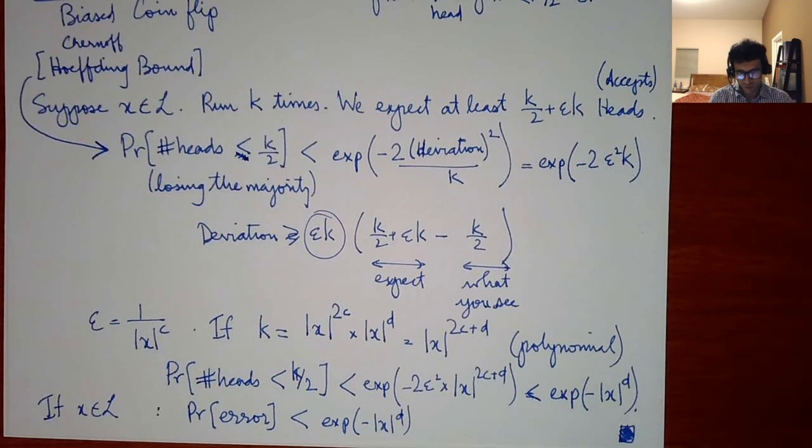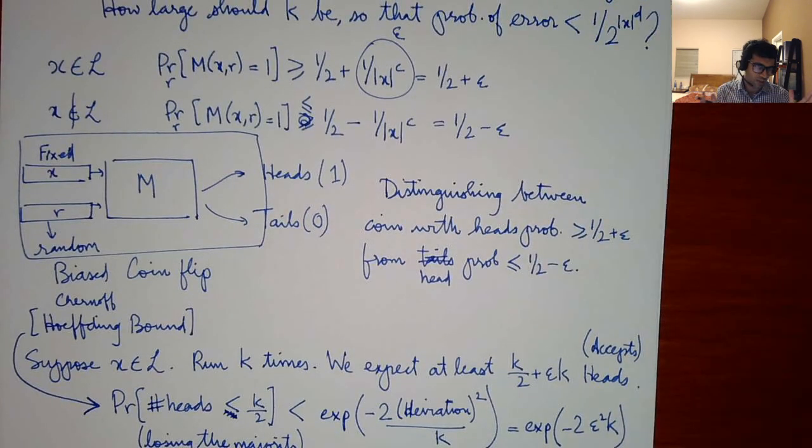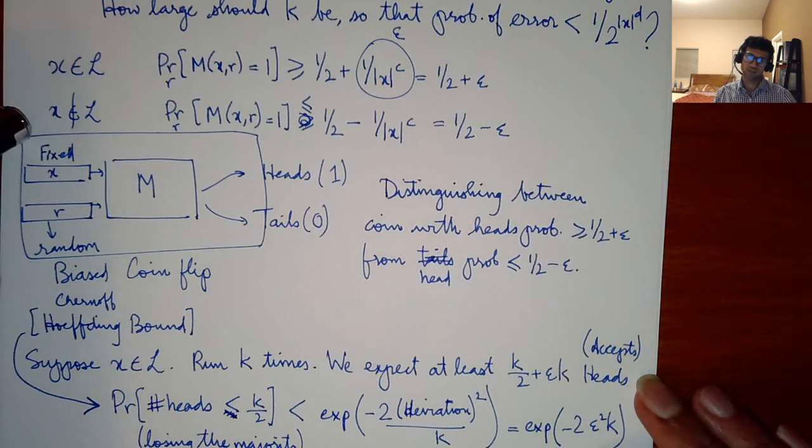Where this is like the reliability, the error. So the error is so small, you will see the bias with overwhelming probability. What does it mean to see the bias? It means that you will determine that the probability is more than a half, which is what you wanted to do. Because the moment you can distinguish whether it's more than half or less than half, you separate the x is in L from the x is not in L.